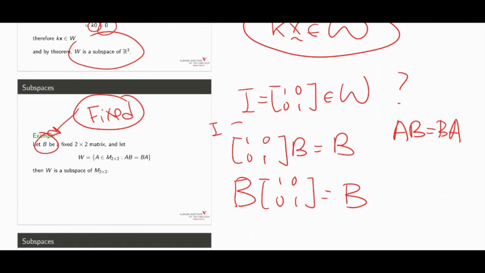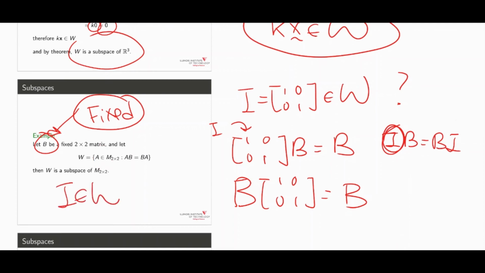We have a special notation for this identity matrix, so we have IB equals BI. So we know that I is in W, because IB equals BI. They commute with that matrix B.